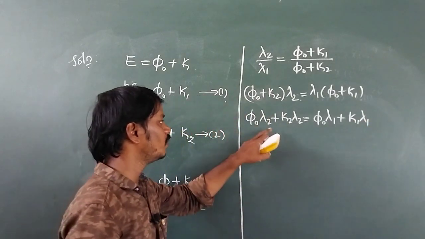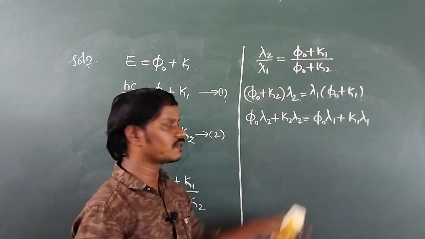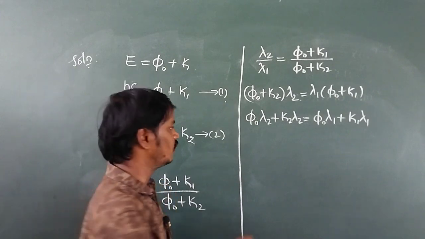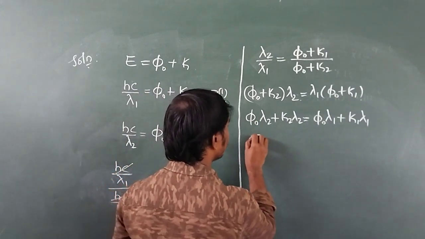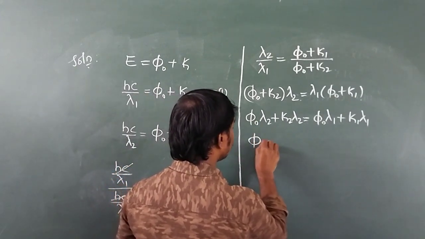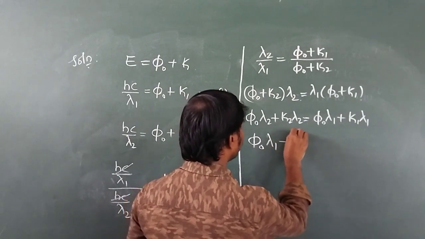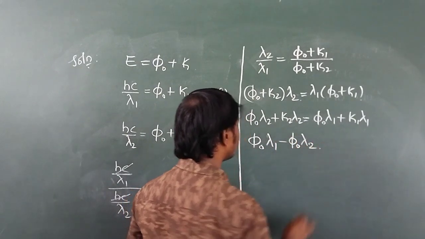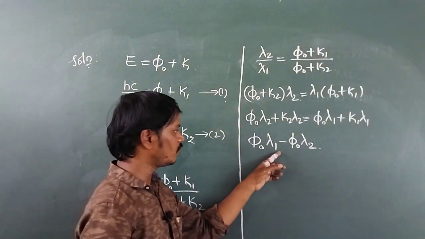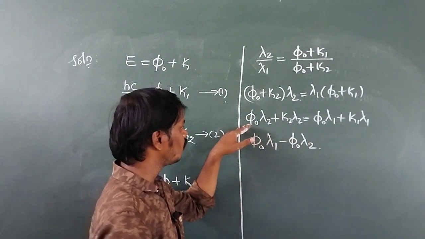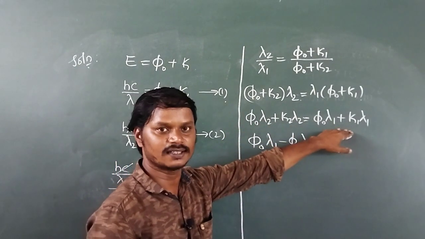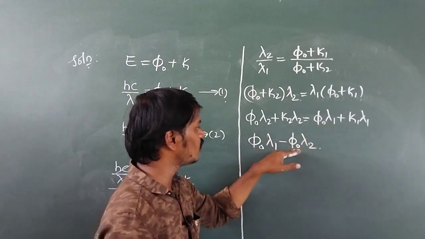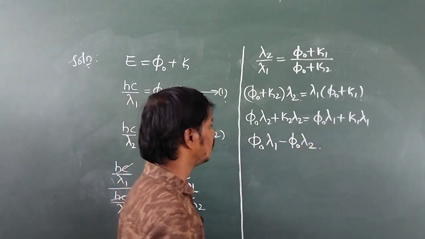Now what is our aim? Our aim is to find phi naught. So let us take phi naught terms to one side. Now it is phi naught lambda 1 minus phi naught lambda 2, with phi naught lambda 2 taken to the right hand side. Next.